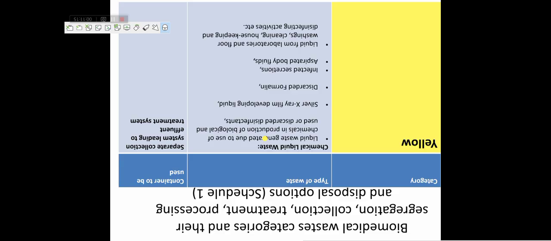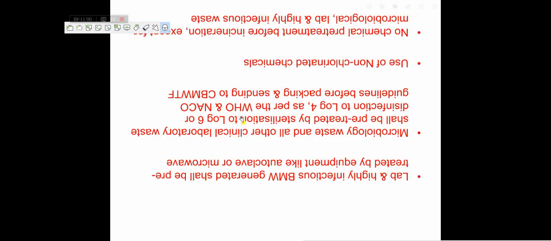And there will be silver X-ray film developing liquid, discarded formalin, infected secretions, aspirated body fluids, and liquids from the laboratories and the floor washings, cleaning, housekeeping and disinfecting activities, etc. For this, a separate collection system leading to the effluent treatment system will be used, right? So it will be for that.